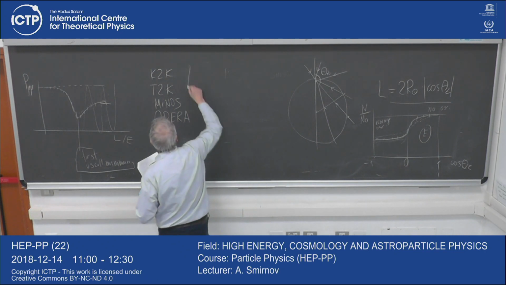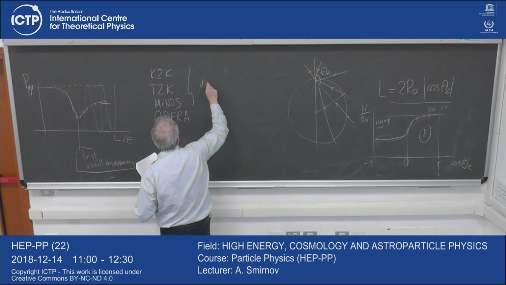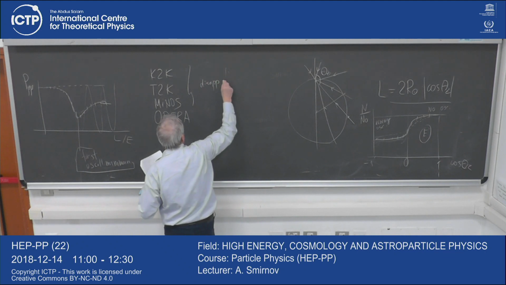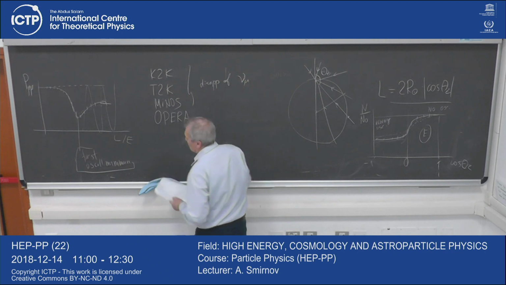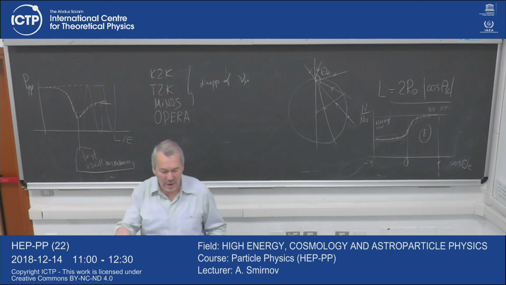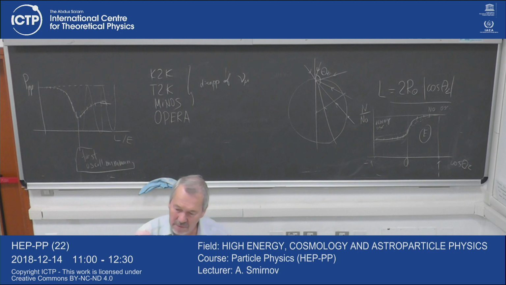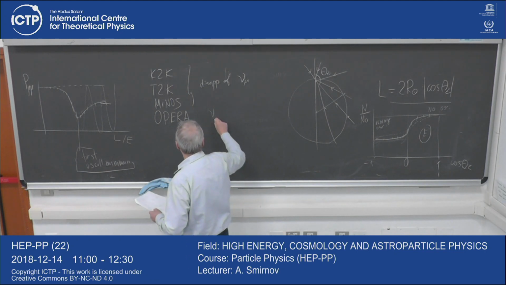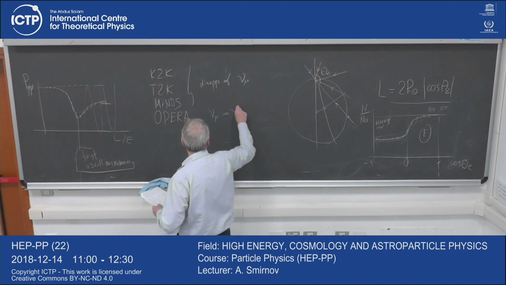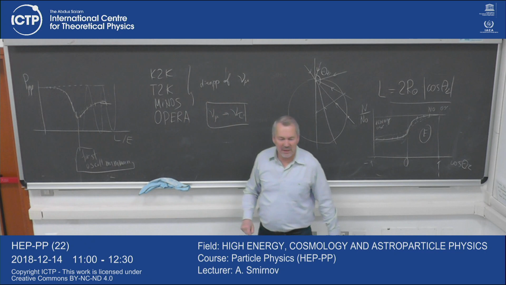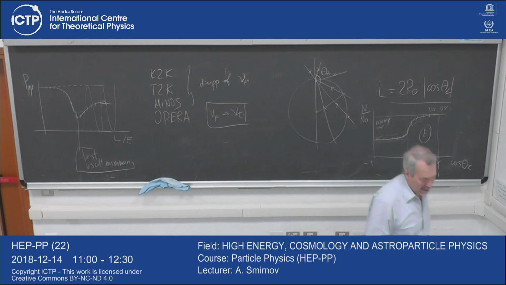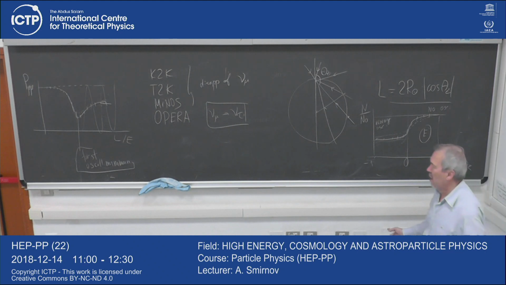Those experiments measured the disappearance of nu mu. They produce a muon neutrino beam, as usual in accelerator experiments, and you see its disappearance. OPERA really observed the transition nu mu to nu tau, observing events related to the tau. Actually, the final publication was essentially this year.